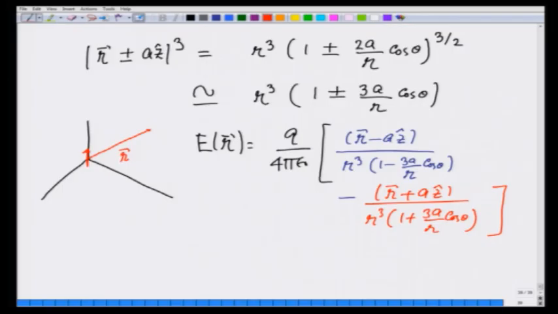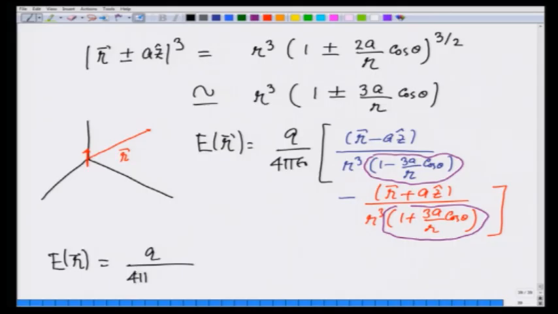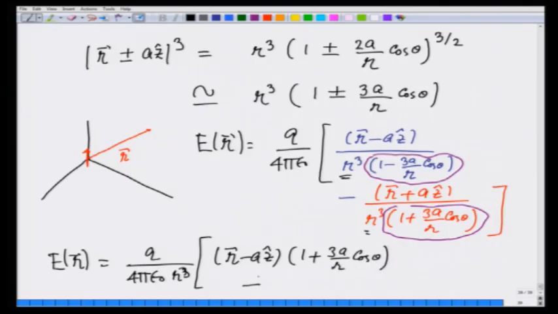Again I am going to use binomial theorem and take the factors to the numerator and write this whole thing as E of r equals q over 4 pi epsilon 0 r cubed, I am going to take out r cubed, and inside I am left with r minus a z times 1 plus 3 a over r cosine of theta, minus r plus a z times 1 minus 3 a over r cosine of theta.